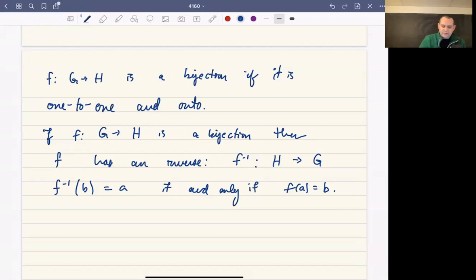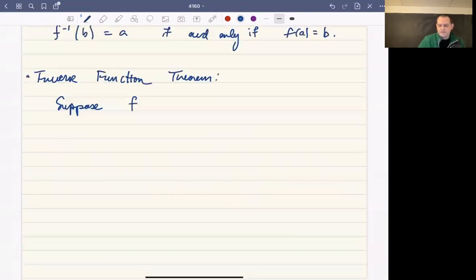And then finally, the inverse function theorem talks about derivatives of inverse functions. So the inverse function theorem says the following. Suppose that f, mapping g to h, is a bijection. That means that there's an inverse, and the inverse is going to have the following property.